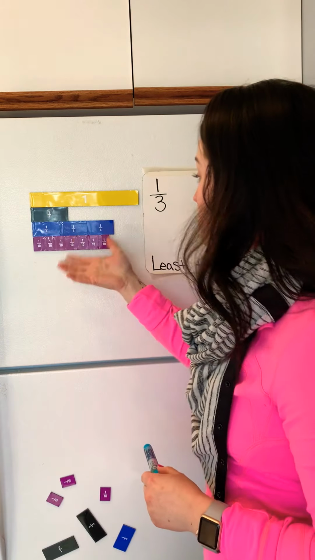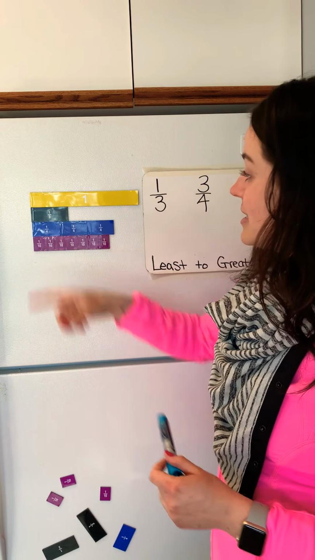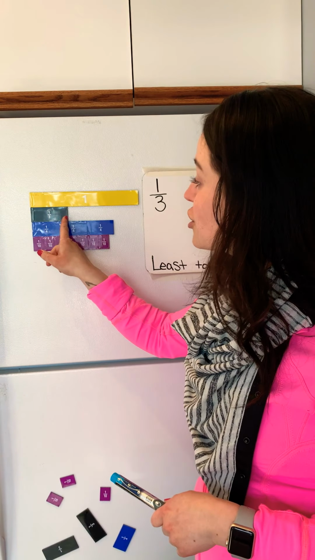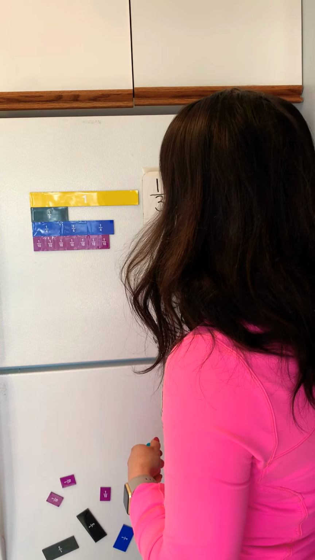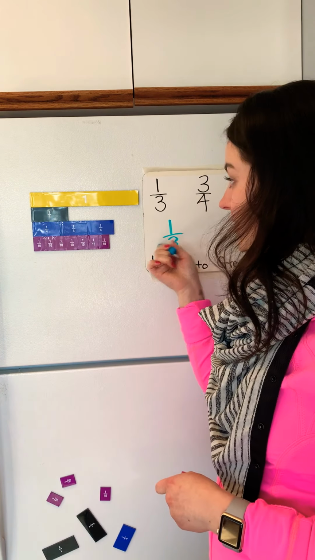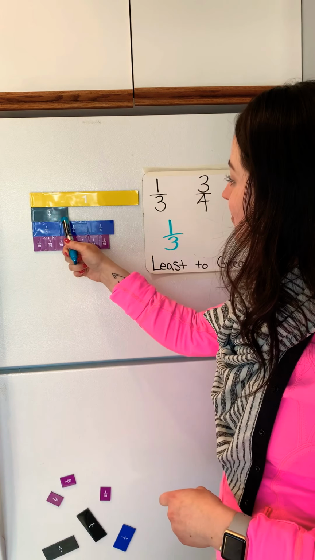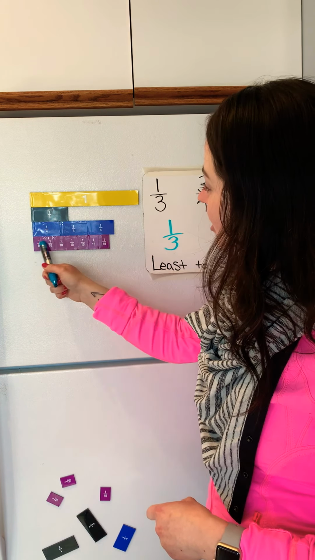We're able to do that now by just looking at what we've done. So by looking at this here, I can right away see that 1/3 has the smallest amount shaded. So I'm going to write 1/3 first. Least to greatest. The next one is 3/4 here, and then 7/10.